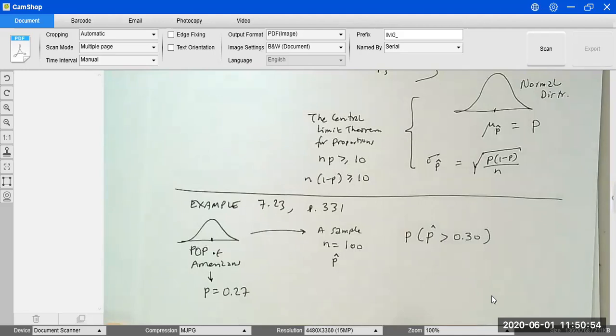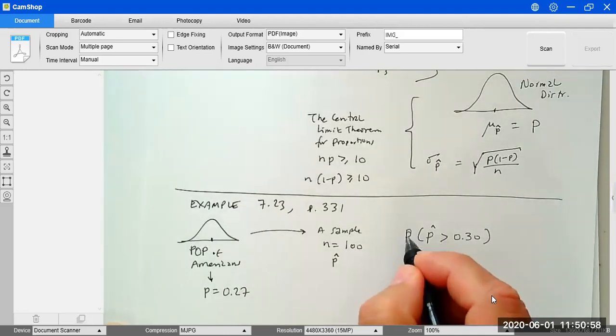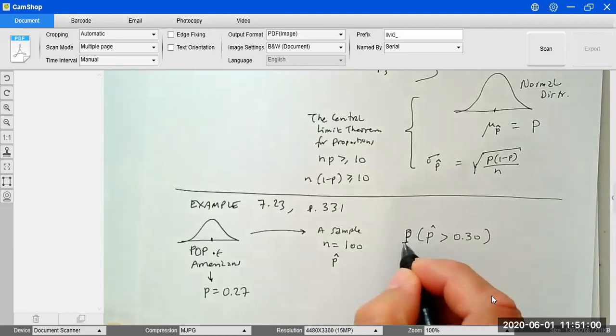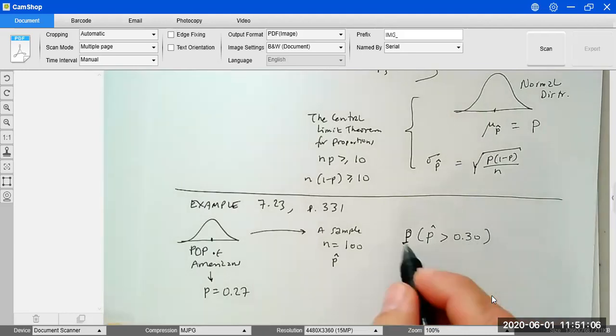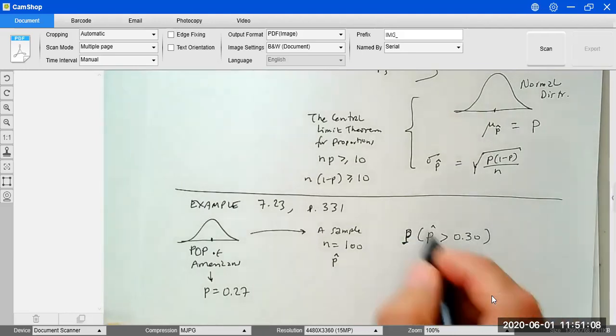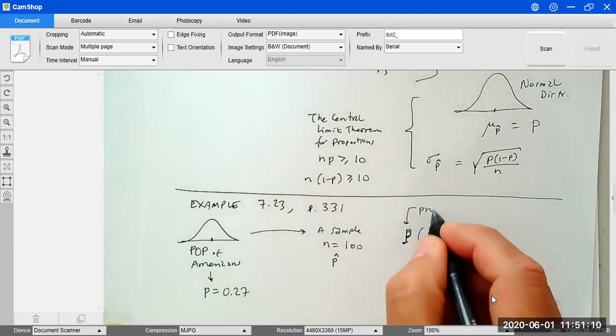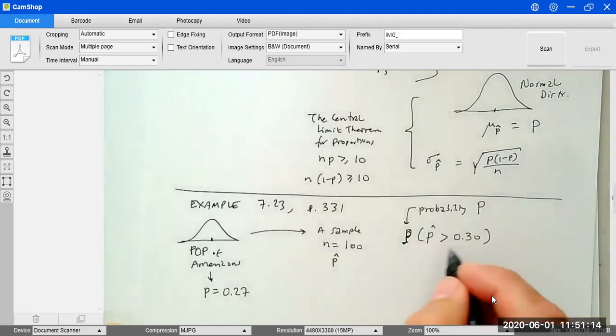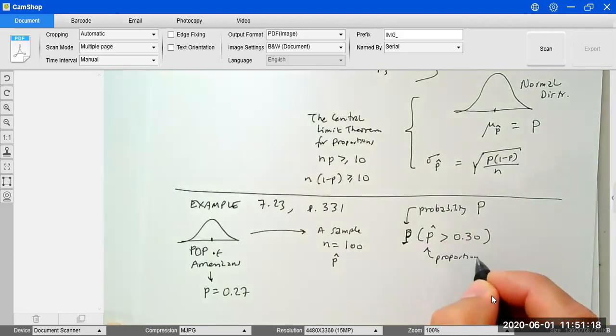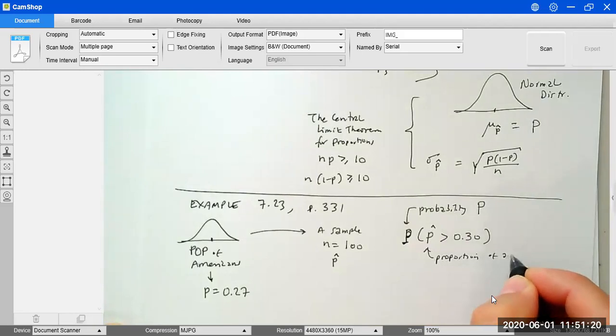So that's what we want to know. This is capital P, the probability, and this is lowercase p-hat, the proportion of a sample.